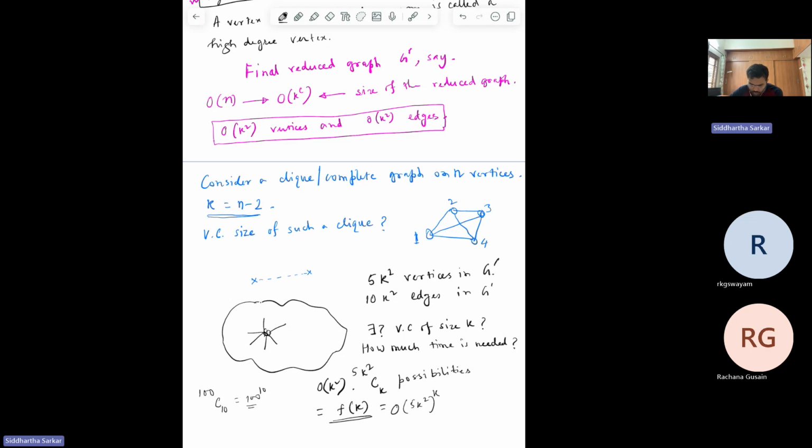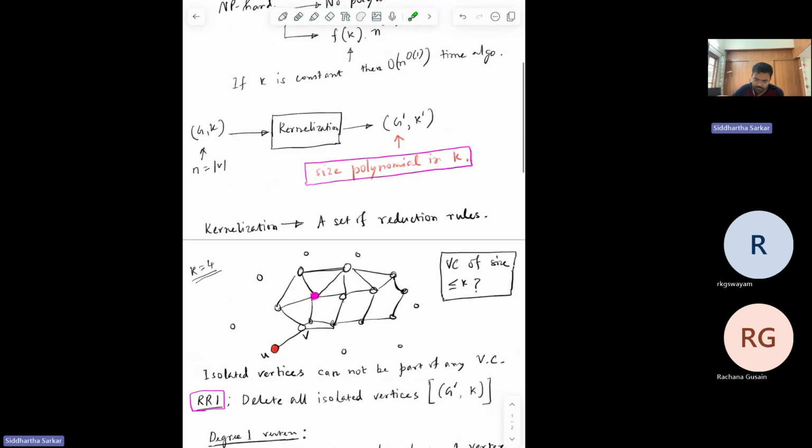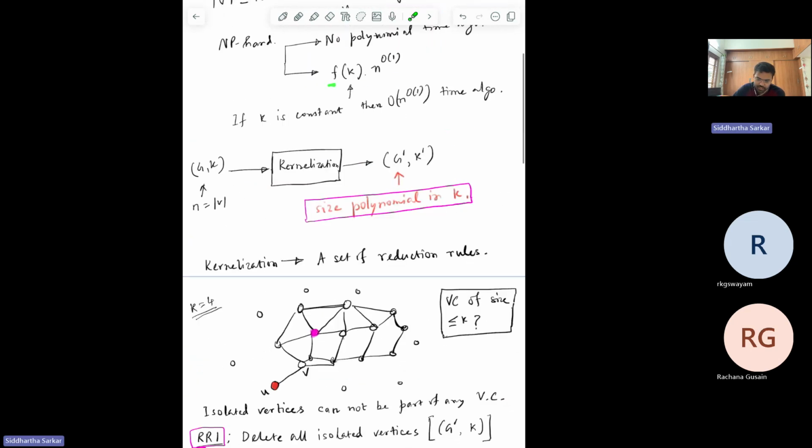So if you have been able to do the reduction in some function of k time, then verifying whether there exists a vertex cover of size k would also take some function of k time. So you are not going to violate the running time beyond this.